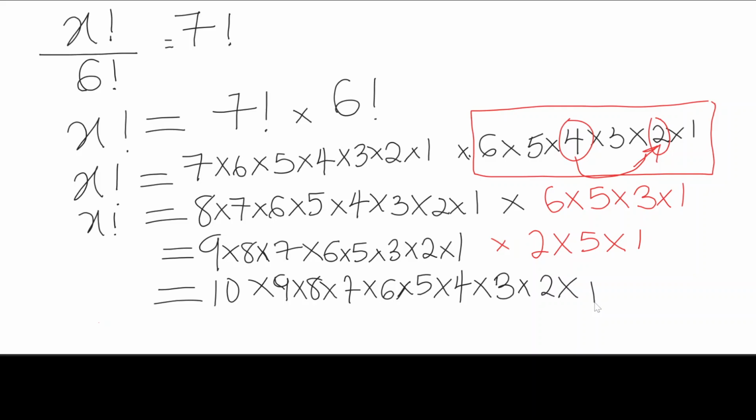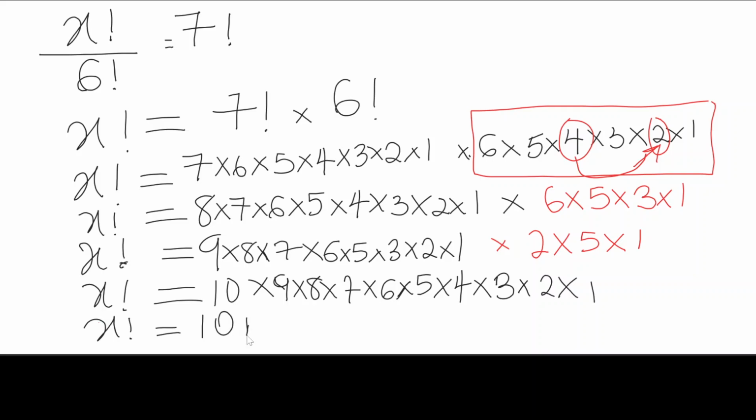So that means we have x factorial equals this, and x factorial also equals this. So 10 times 9 times 8 times 7 times 6 times 5 times 4 times 3 times 2 times 1, as we have here, is the same thing as 10 factorial. So I'm going to be compressing the whole of these into 10 factorial. So we have x factorial equals 10 factorial.